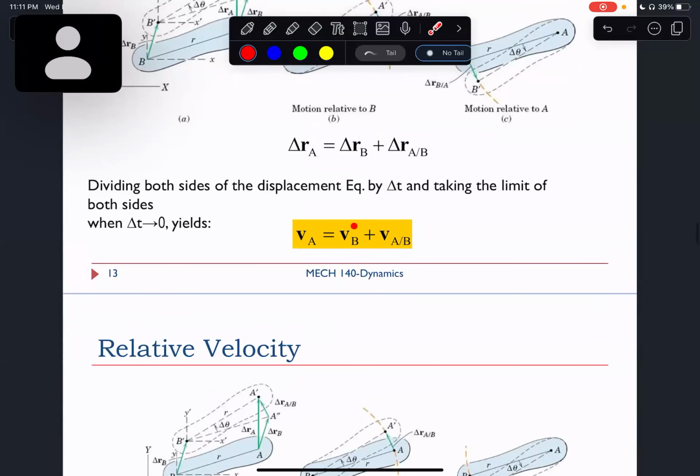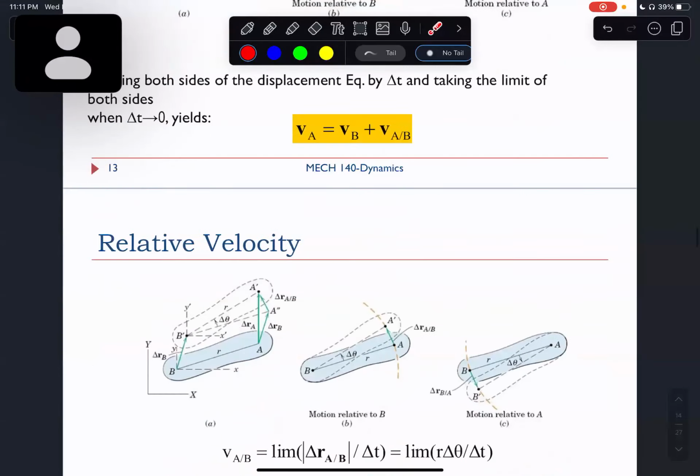And the idea is that VB is that convenient reference point, hopefully, so you can write VA as VB plus the relative velocity.